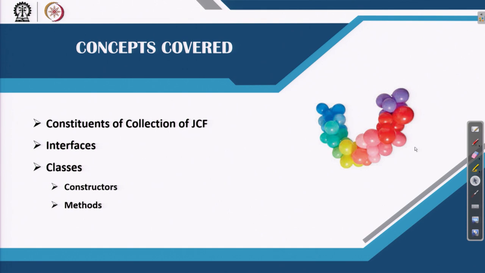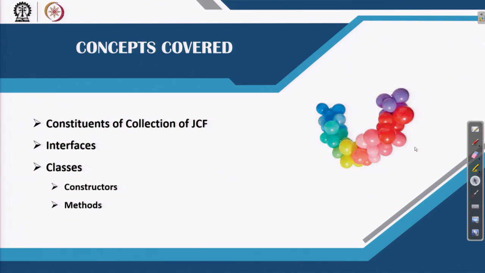Other than these interfaces, there are certain classes also. Those are the main things in the collection framework. In order to know the classes, we have to be familiarized with the constructors and methods in each class. Understanding all those concepts, that is, the different interfaces and classes, is very important for any programmer.